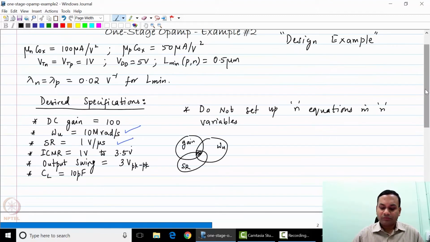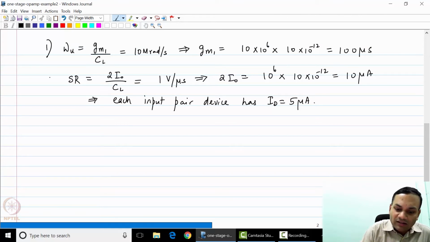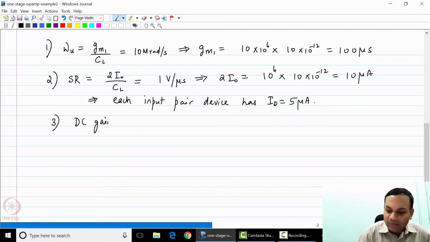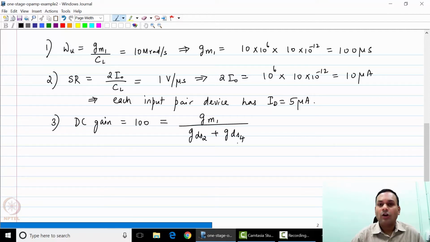Now it turns out that all of the other parameters depend on many other variables, but let us look at them one by one. The third parameter we'll look at is the DC gain, and the DC gain is supposed to be 100. This is nothing but GM of the input pair over the sum of the GDS2s at the output pair.